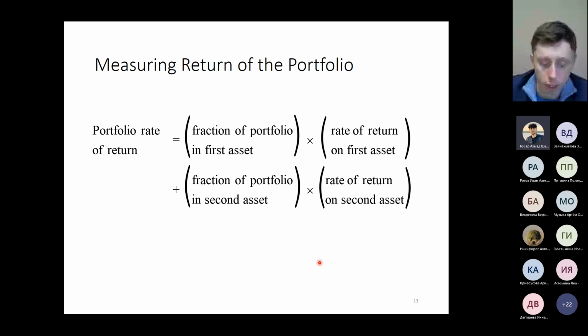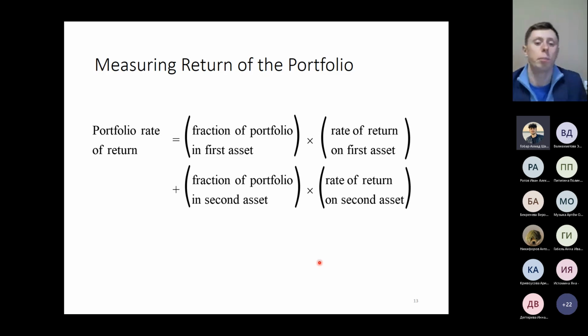The final estimation of return that we should discuss today is the return for the portfolio. We put multiple assets in the portfolio, and the way to estimate the return of the portfolio is just to estimate the weighted average. Here you should be careful doing that.